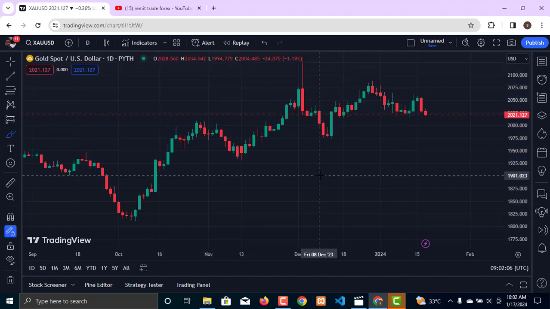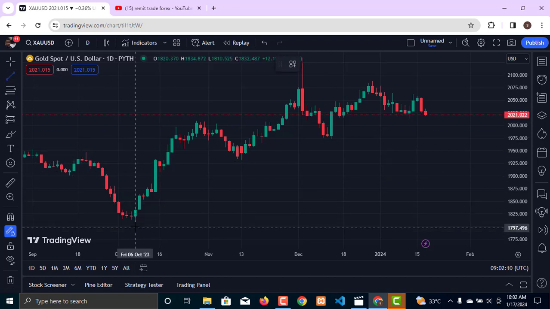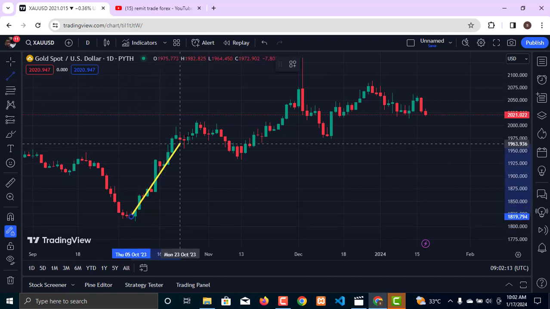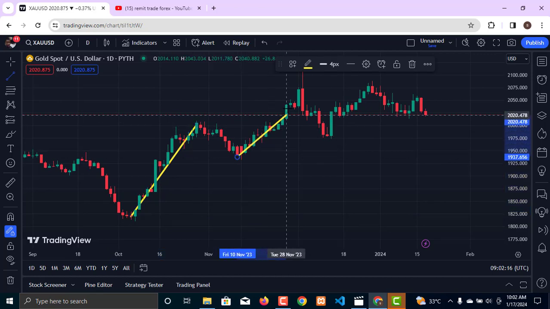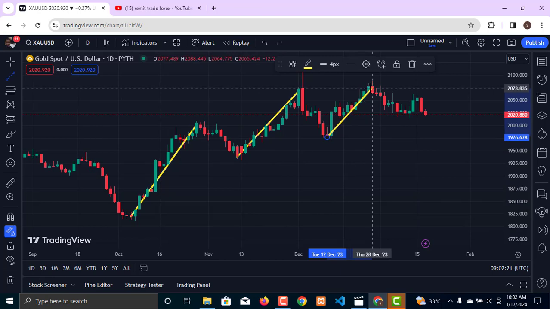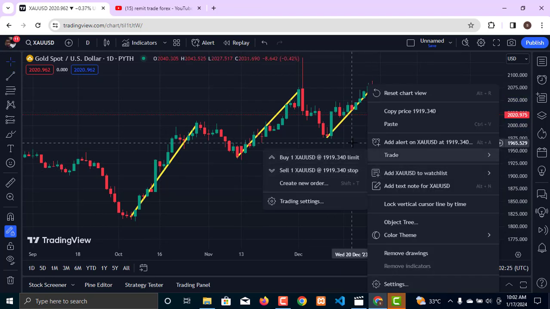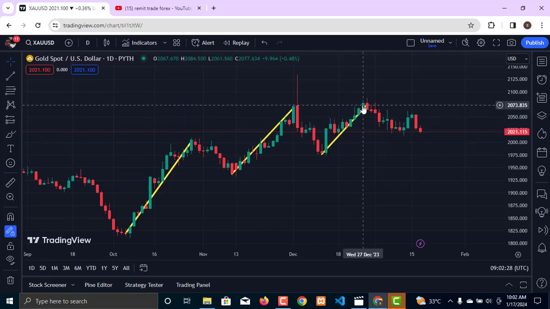One thing you must note on this chart is that if you compare this market move from this point to this area, then again from this point to this area, and then from this point to this area, you can see that there is reduced momentum on the last move to the upside.